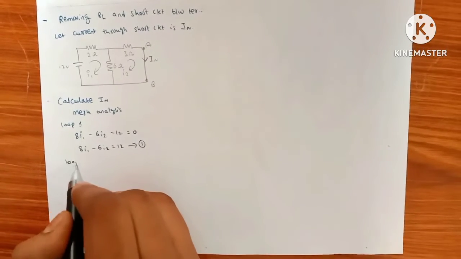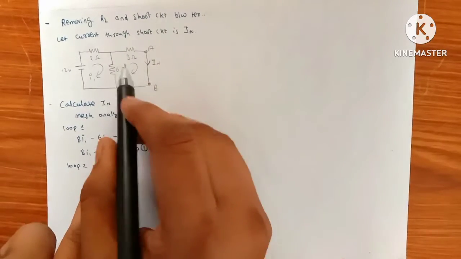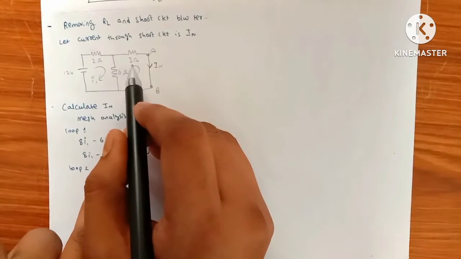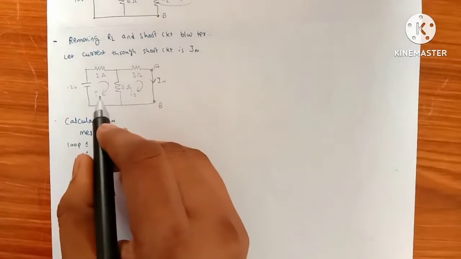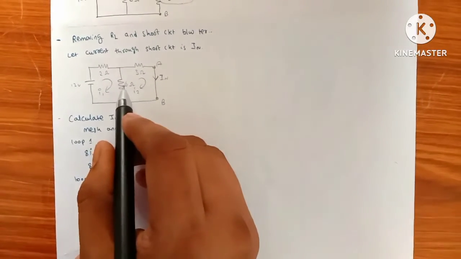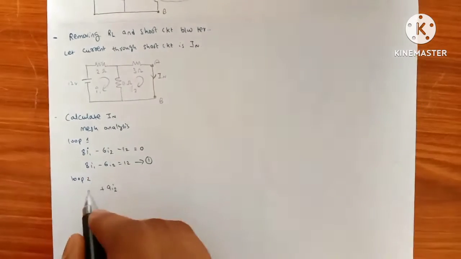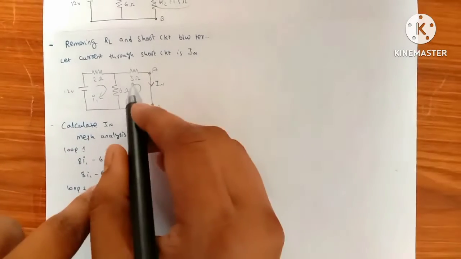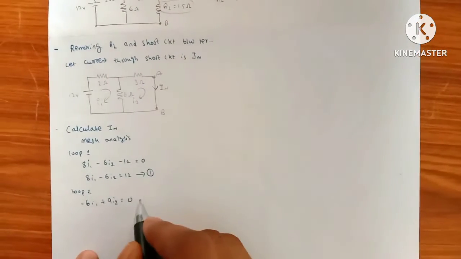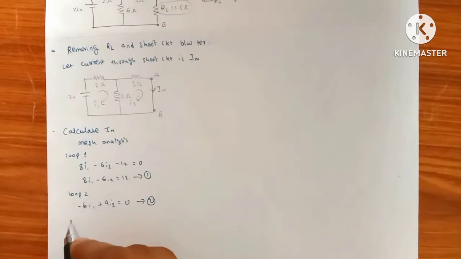Now from loop 2, here 3 plus 6 is 9I2. Again I1 affects I2 through the 6 ohm resistor, so minus 6I1, equals 0 because there are no voltage sources. Consider this as equation 2.